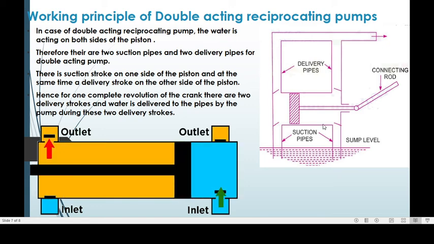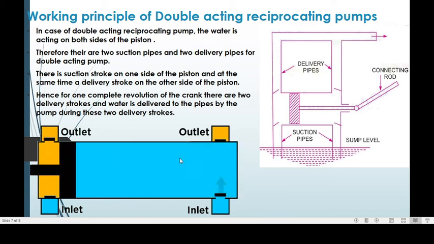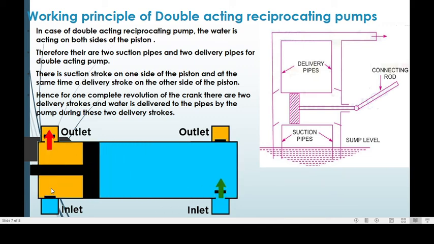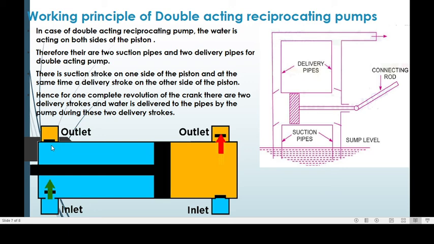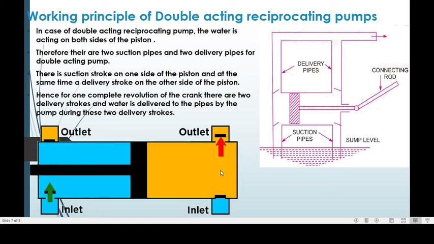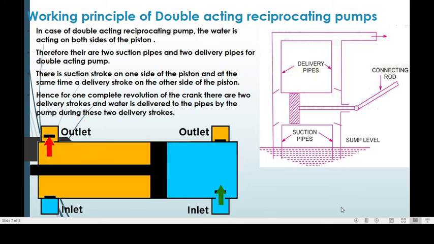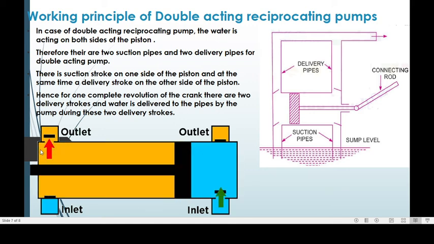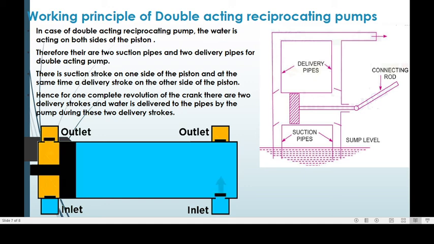That is your suction valve, and when one valve is opening here, one valve is closing. So you can see how, when it is moving one side, water is delivered, and if it is moving the other side, water is delivered on the other side. So this is what happens in a double acting reciprocating pump.